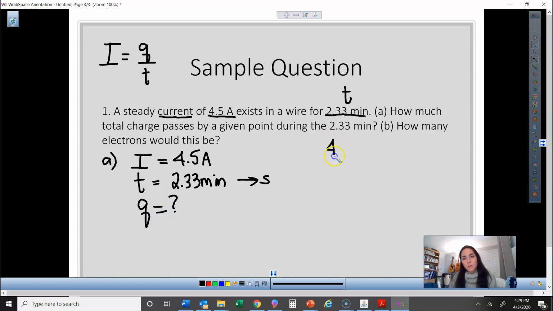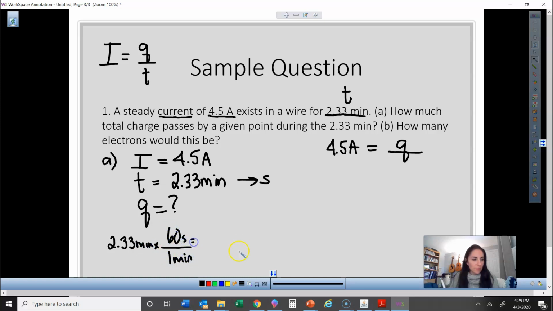So 4.5 is our current, equals Q divided by our time. So let's convert our time here. So 2.33 times 60 to convert it into seconds, because in 1 minute there's 60 seconds. That gives me 139.8 seconds.